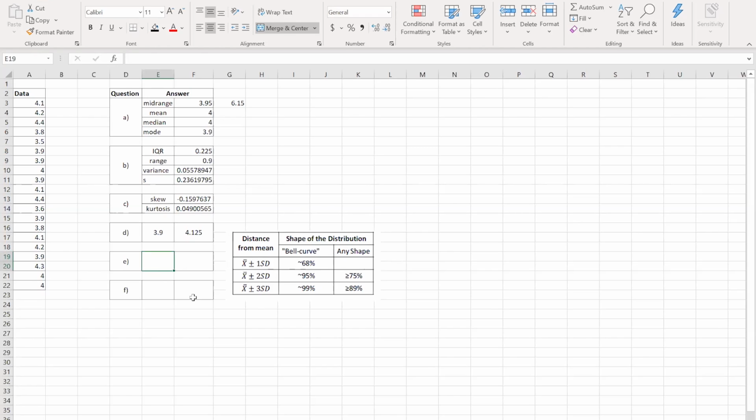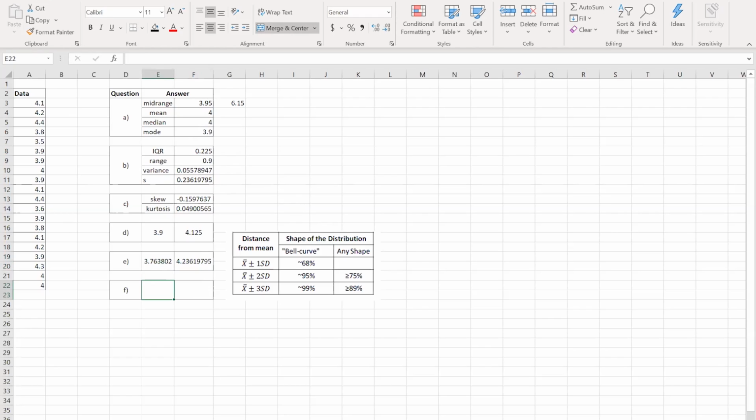So the lower end of this range is the mean minus the standard deviation. The upper limit to this range is the mean plus the standard deviation. So 68% of the data falls between 3.76 and 4.23.